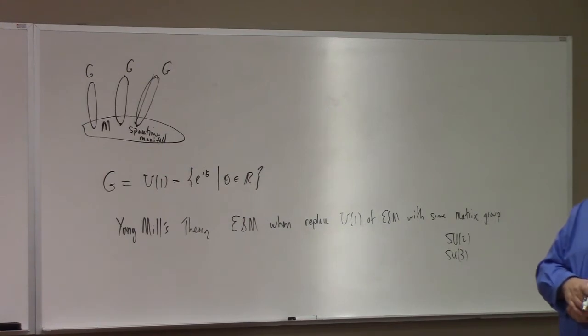SU(2) gauge theory describes, for example, radioactive decay, the weak and electric forces. Actually, there's something called symmetry breaking. If you go up higher in energy, there's some combination of electricity and magnetism and the weak force called electroweak, and that's an SU(2) theory.